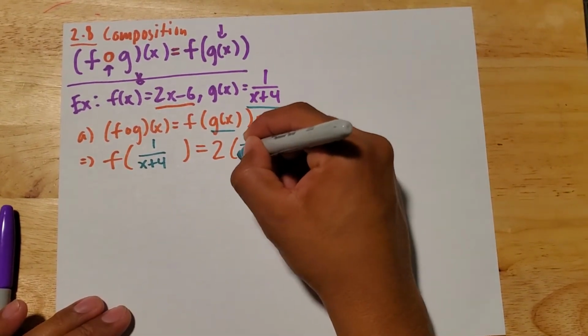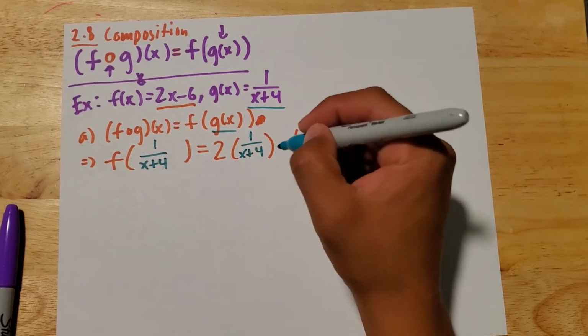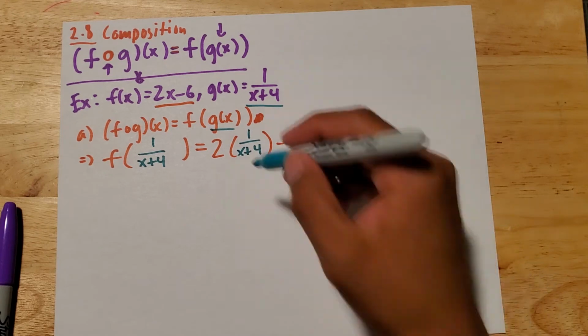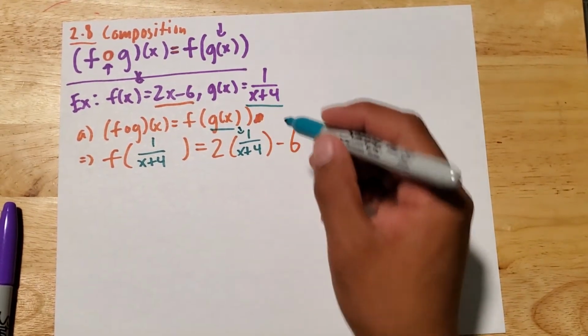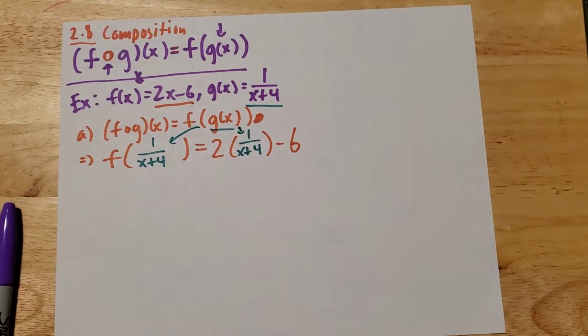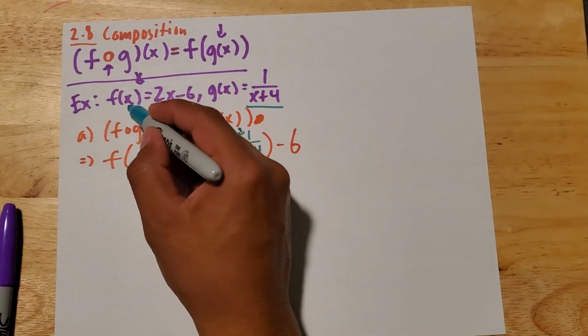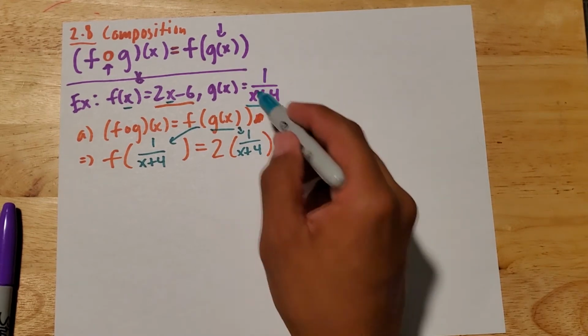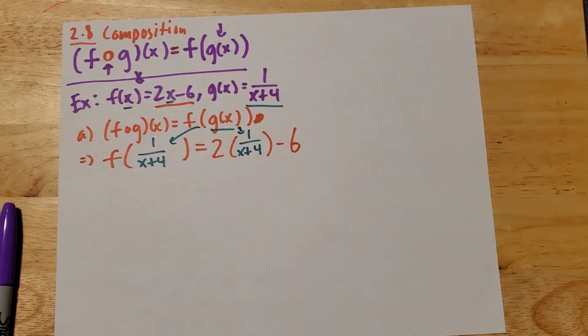And that's what composition is doing. I'm plugging a function into another function. So you can see how the g of x gets plugged in everywhere you had an x. For f of x, so this x and that x, I replace that with 1 over x plus 4.